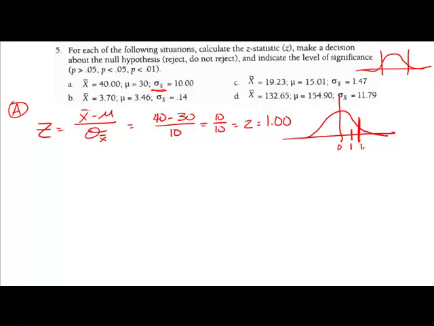Is that past the 1.96 that we need in order to reject the null hypothesis? No, it's not. So here we would do not reject. And we would do not reject because the probability is greater than, remember, the alligator eats the bigger dinner, 0.05. That's how we do that.